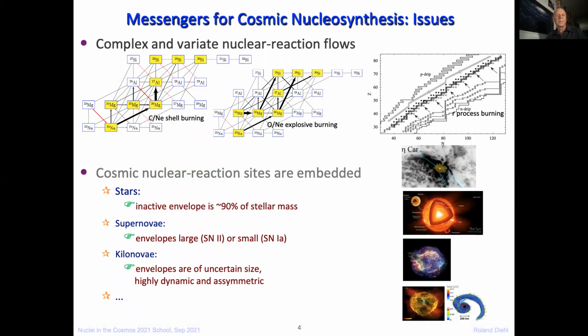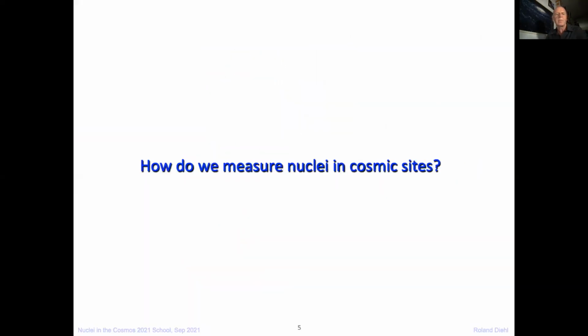The problem is that most of those sites are actually embedded, so a large mass is overlying the source of interest, and we have to rely on radiation that penetrates through this overlying mass. This is obvious for stars, but also for explosions like supernovae and kilonovae. We are facing overlying material, and we have to understand that in detail in order to properly interpret our measurements.